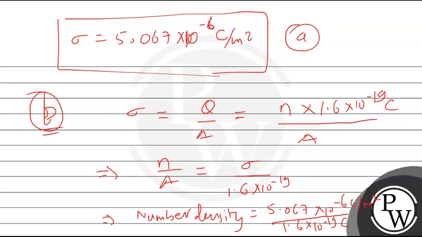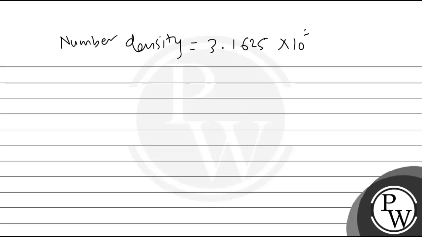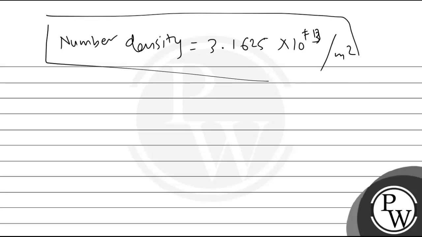If we solve this, we will get the value of number density equal to 3.1625 into 10 raised to power plus 13 per meter square. This is the answer of question B.